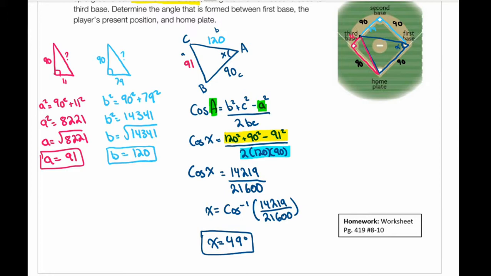So the angle from first base to the player and first base and home plate is 49 degrees. Again, make sure that you are in degree mode when you're doing these calculations.